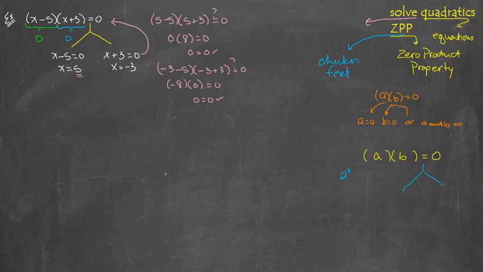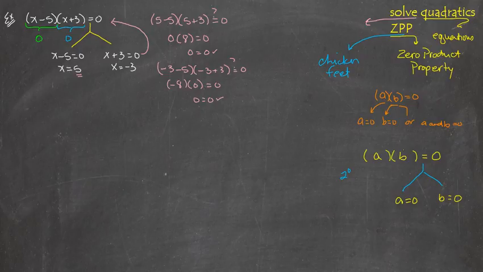You won't get three solutions. You can only get two or less. So sometimes there's nothing that solves it. Sometimes there'll only be one, or there can be two, and hence the chicken feet, just to remind you that there are two things. You're looking for the place where A equals 0, where A is some expression, or B equals 0, where B is some expression.